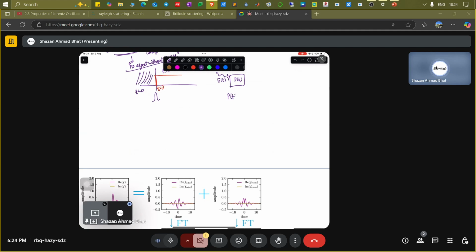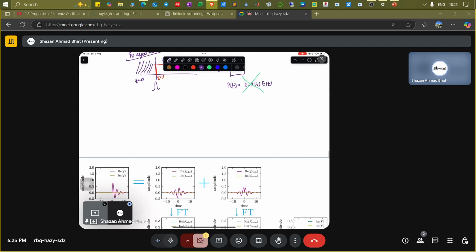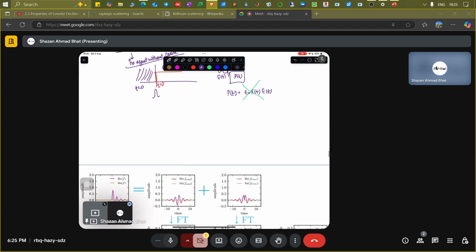So if you write polarization to be epsilon chi of t E of t, there is a huge misconception around this concept, that you cannot write it directly. Why? Because there is a certain phase lag associated with the system. If you use the oscillator model, for example, you saw that there will be some phase lag because of the masses of the electrons associated with it.